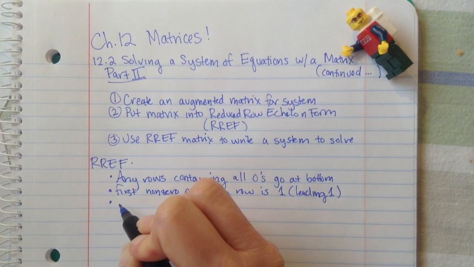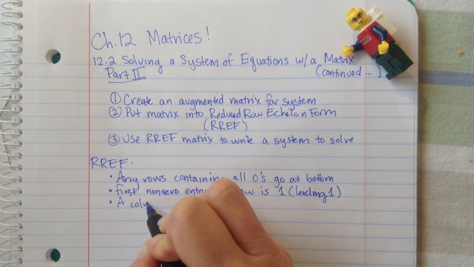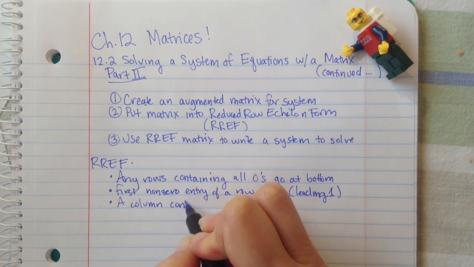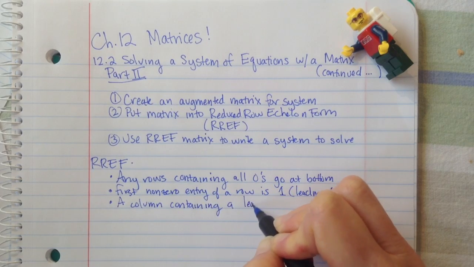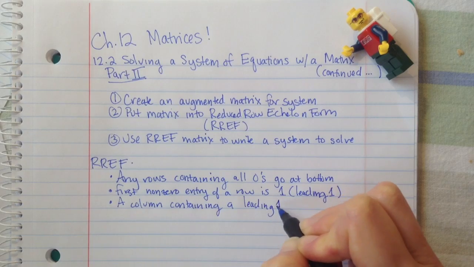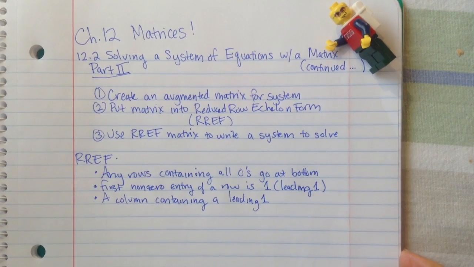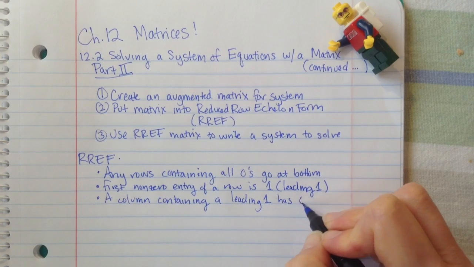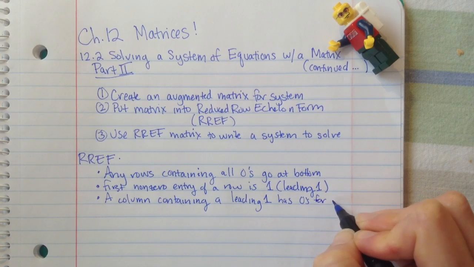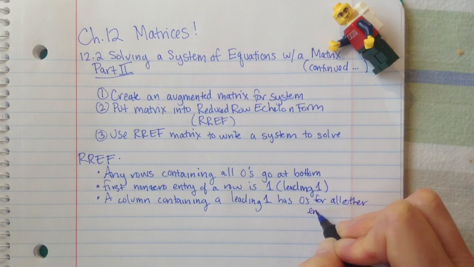And then a column containing a leading one has zeros for all other entries.